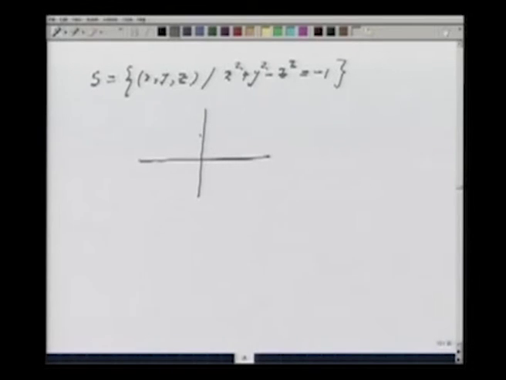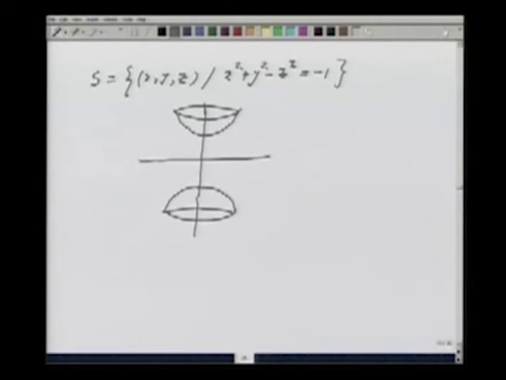So look at the height 1 and minus 1, and there, so this is my surface.